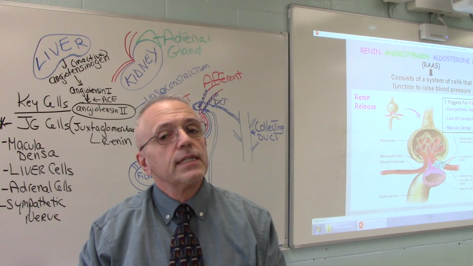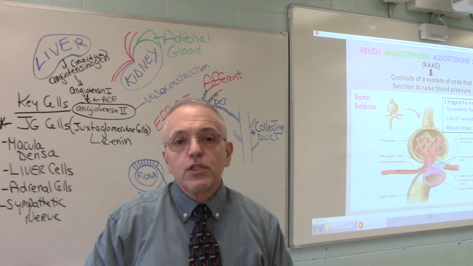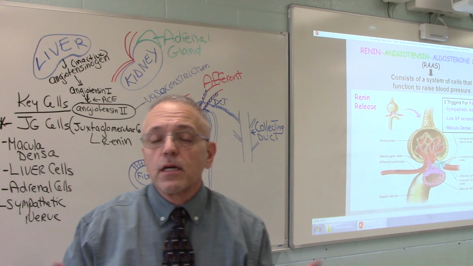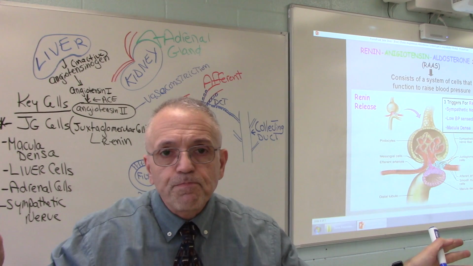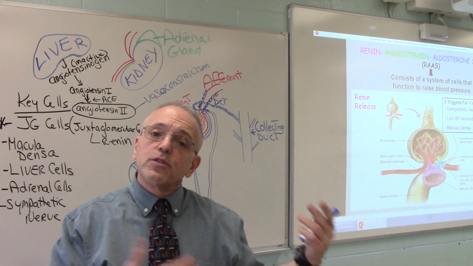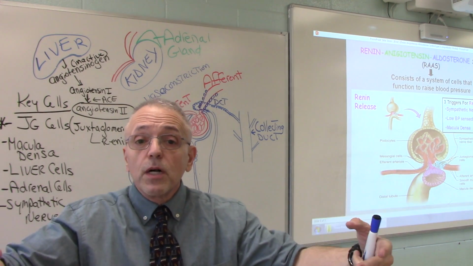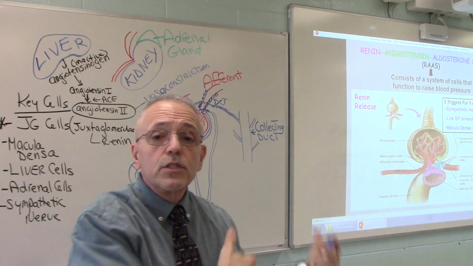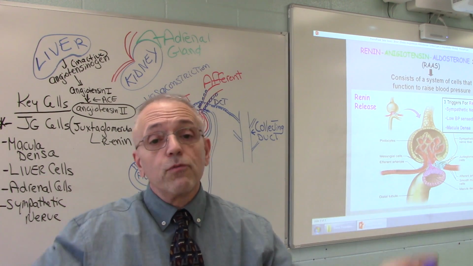But that's not the only thing it does. While it's vasoconstricting, it's also going to be traveling through the blood, because that's how hormones travel, right? Hormones are chemical messengers that travel through the blood. The nervous system is a communication system, just like the endocrine system, but the nervous system uses electrical impulses that are propagated through specialized cells called neurons. The endocrine system uses chemical messengers that travel through the blood.